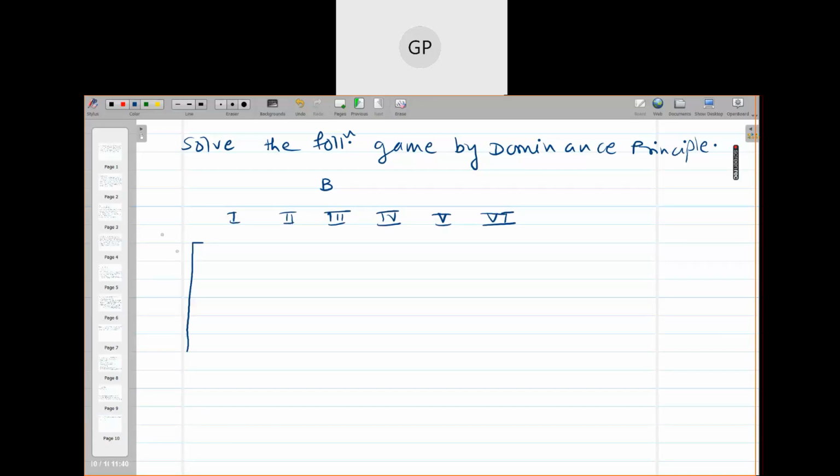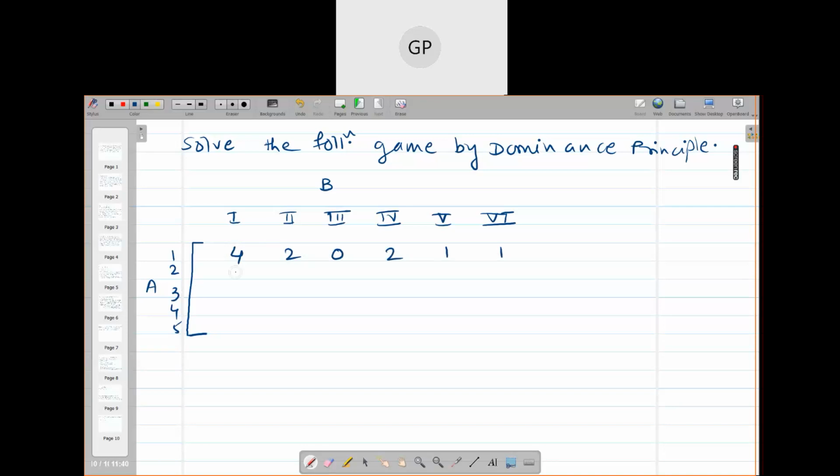And player A has got 5 strategies. Okay. So 4, 2, 0, 2, 1, 1, 4, 3, 1, 3, 2, 2, 4, 3, 7, minus 5, 1, 2, 4, 3, 4, minus 1, 2, 2, 4, 3, 3, minus 2, 2, 2.